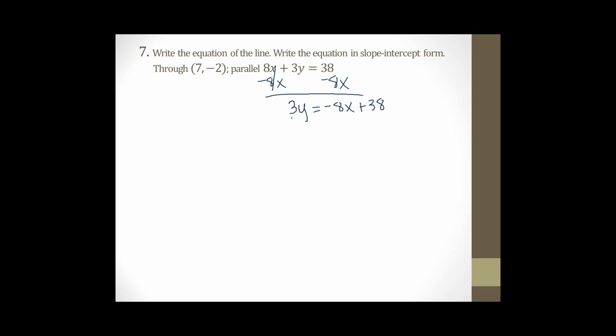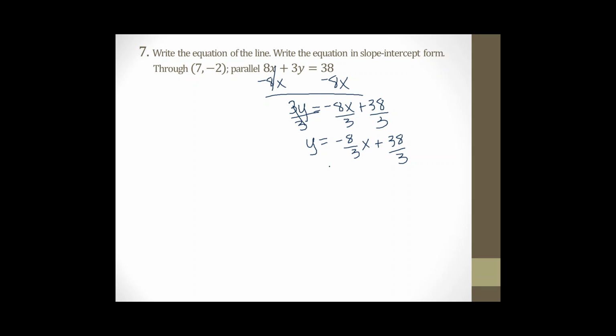And then to isolate y, I'm going to divide everything by 3. So that's going to be y equals negative 8 over 3 x plus 38 over 3. The reason why we did this is so that we can identify the slope of this given equation.